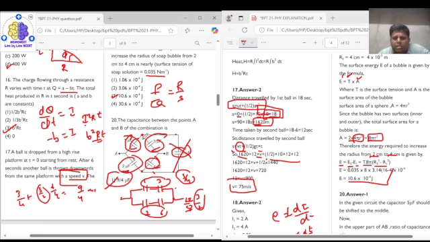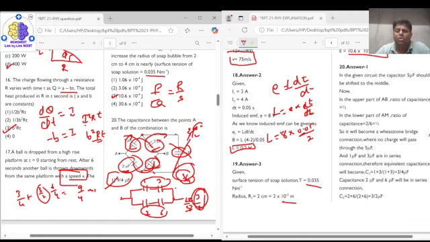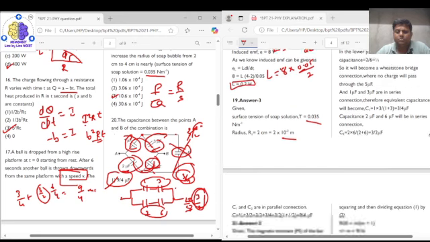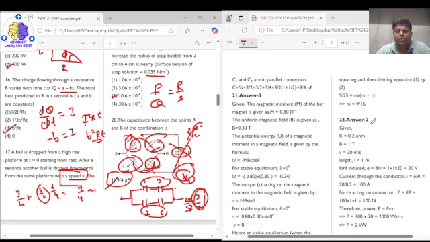So this 1 and 3 in series will give you 3 by 4 microfarad, and 2 and 6 in series will give you 3 by 2 microfarad. Now this 3 by 4 and 3 by 2 microfarad in parallel sum up to 9 by 4 microfarad. So the correct answer for question number 20 is option 1, that is 9 by 4 microfarad.